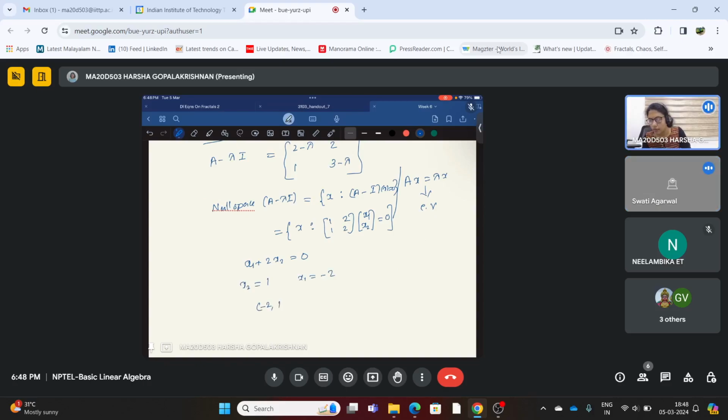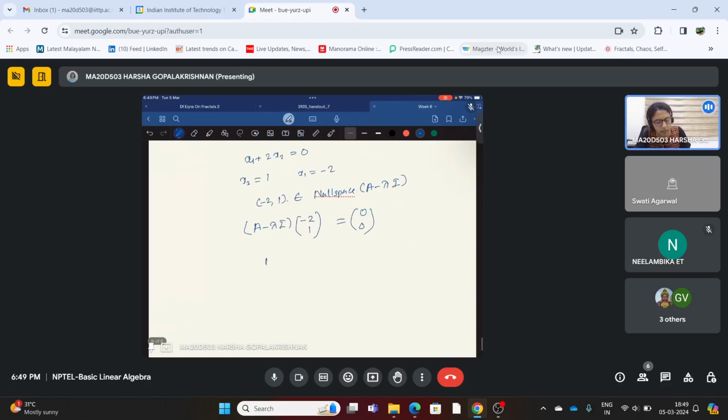So (minus 2, 1) belongs to the null space of A minus lambda I. What does this mean? If I multiply the matrix A minus lambda I with (minus 2, 1), I will get (0, 0).